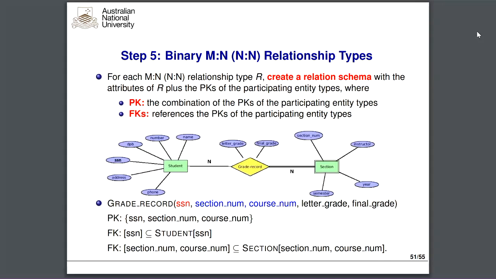Step 5, many-to-many relationship type. So for many-to-many, create a relationship with the attributes, and in this case, look into the middle one, the relationship type. So the social security number, section name, course name, this is to uniquely identify what's going on here in this many-to-many relationship.